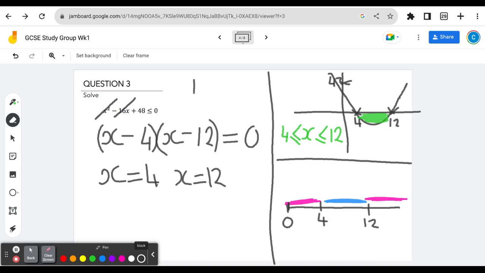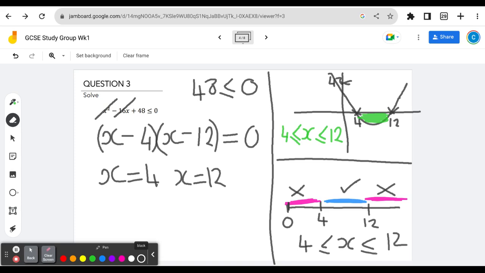So we're left with this statement: 48 is less than or equal to 0. Well, that's not true. So that means that the pink regions are false and the blue region is true. So that means x is greater than 0 for all the values between 4 and 12. Just keeping that inequality there.